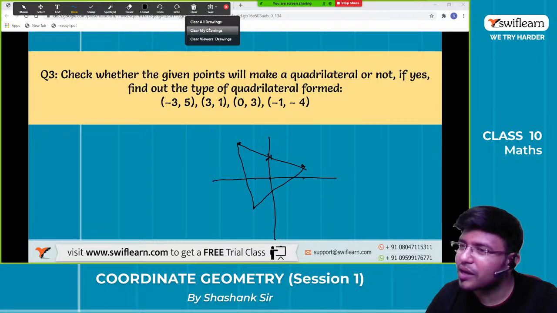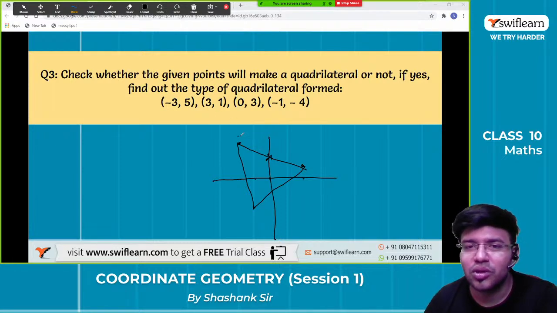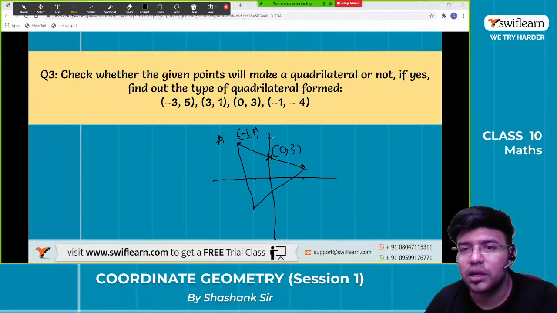So is it a quadrilateral? This is not a quadrilateral. Point A is minus 3 comma 5. Let us call this point B. Point B is 0 comma 3. Point C is 3 comma minus 1. Point D is minus 1 comma minus 4.